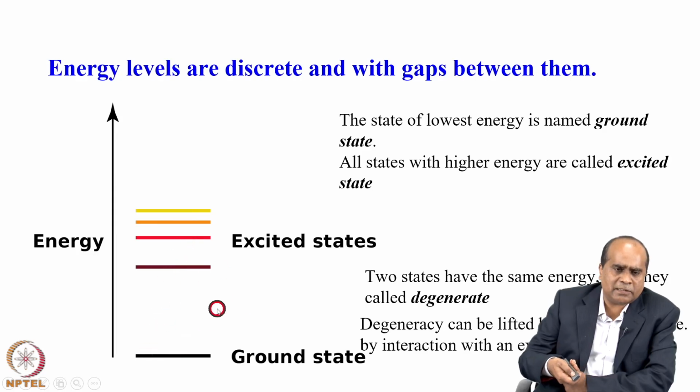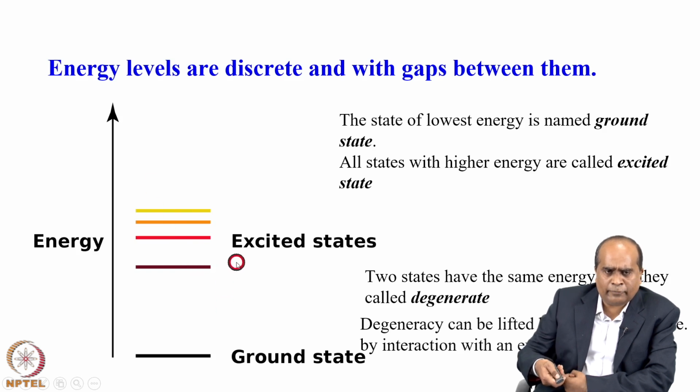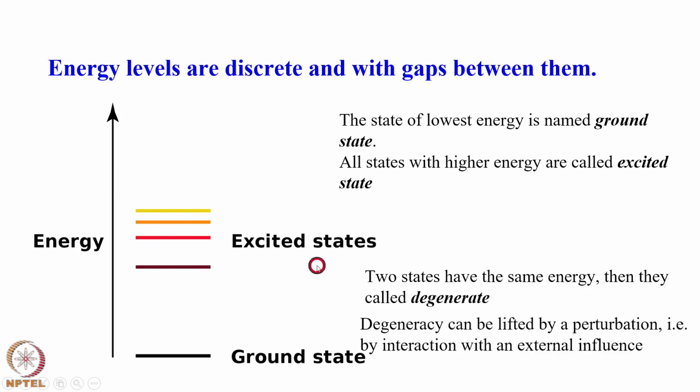The lowest energy level is called the ground state, and all other energy levels we call excited states. This is the first excited state, then we have the second, third, and fourth excited state, and if there is more than one energy level at the same energy, they are called degenerate states, right. In many spectroscopies you find many degenerate states, and that degeneracy is not good for a spectroscopy.